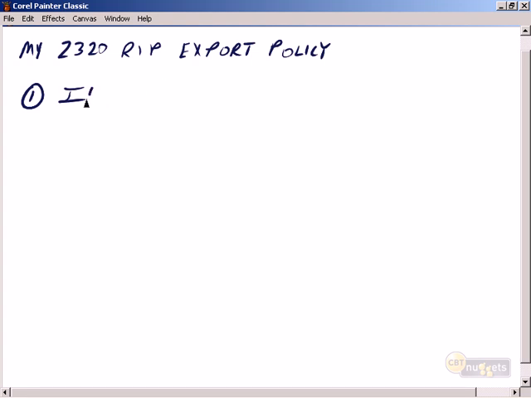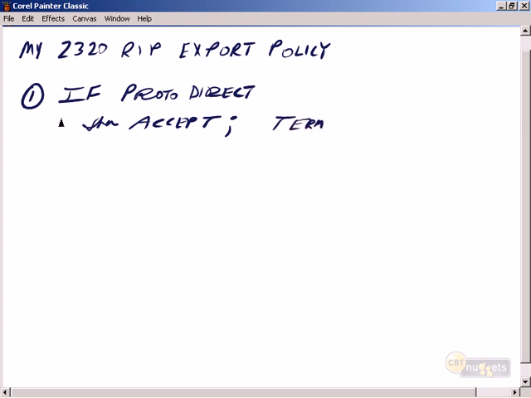So the first thing I want to say is, look, if the route is from the protocol direct, in other words, if it's a direct connection, then I want to go ahead and accept it, right? And accept is a terminating action, so it'll just stop after term 1.